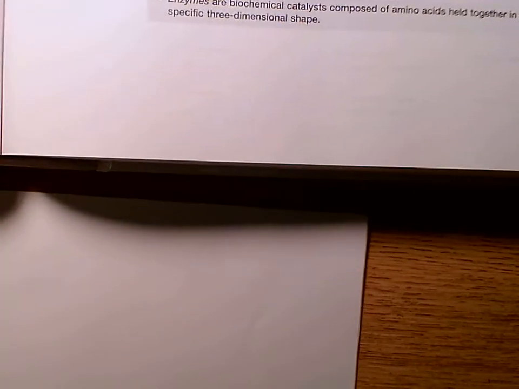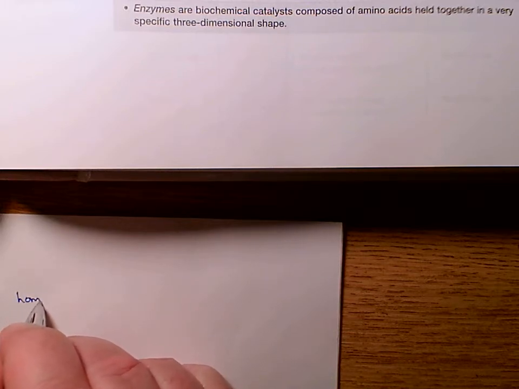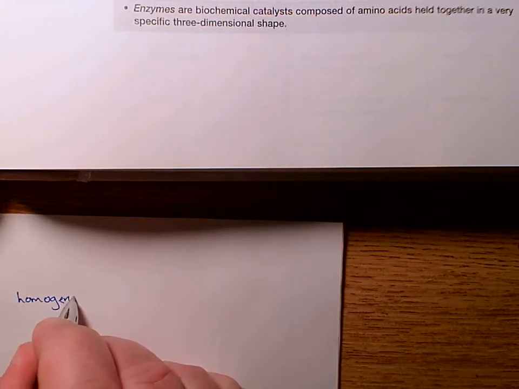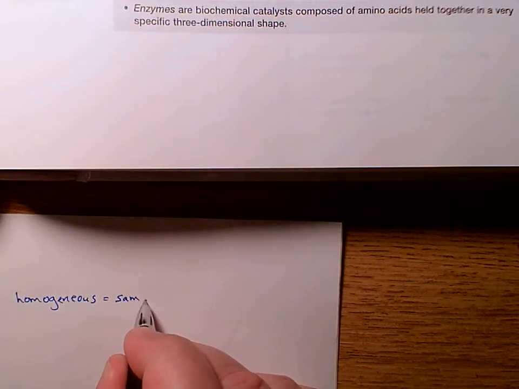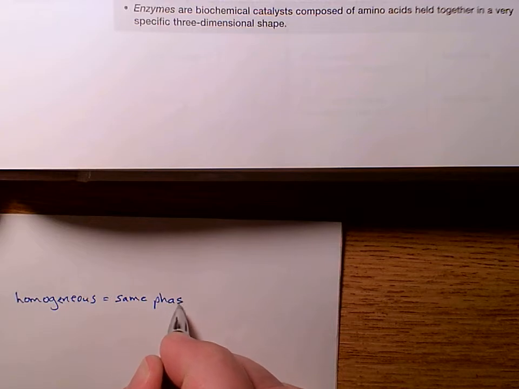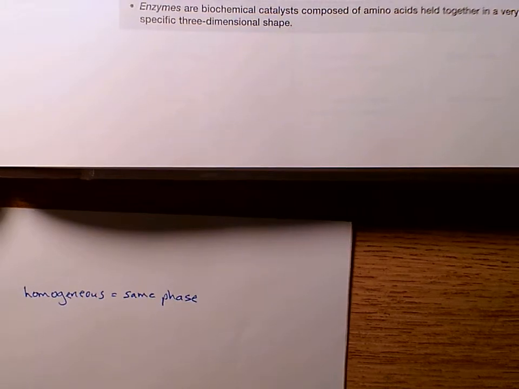Let's look at these here. Homogeneous means the catalyst is in the same phase as our reactants. Means if your reactants are dissolved in a solvent, the catalyst is also dissolved in that solvent. Homogeneous catalysts, the catalysts take part in the reaction. Example, see if I can come up with one here.